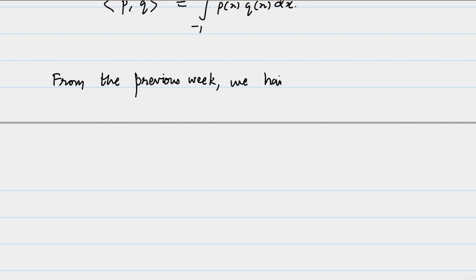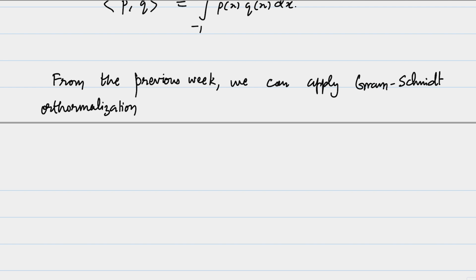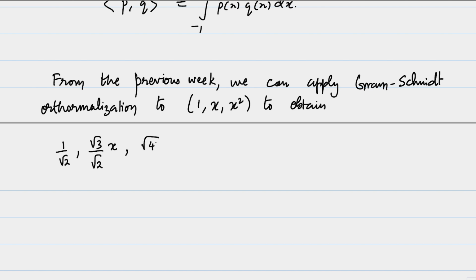We can apply the Gram-Schmidt orthonormalization to the ordered basis 1, x, x square to obtain 1 by root 2, the first one, root 3 by root 2 times x, and the final one, which was not fully calculated but left as an exercise, this was root 45 by root 8 times x square minus 1 by 3.